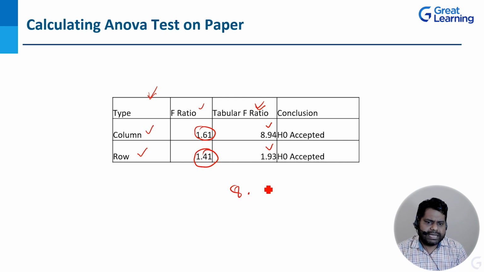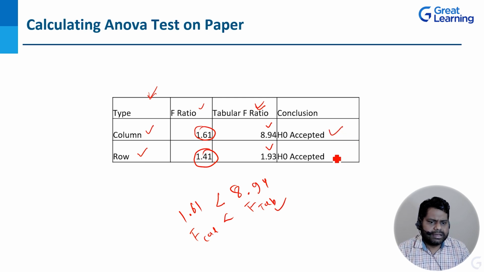So here we can say that 8.94 is greater than 1.61, so F calculated is lesser than F tabulated in both cases. So the null hypothesis is accepted, meaning the mean performance of outlets across seasons is the same, and the mean performance across the outlets is also the same.